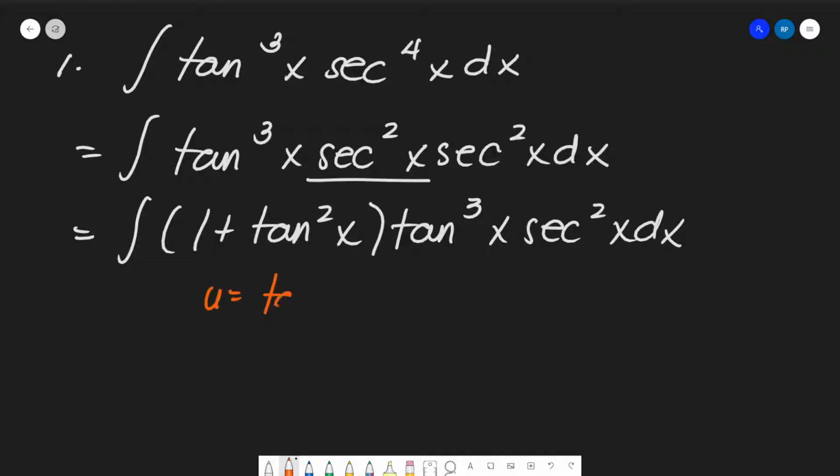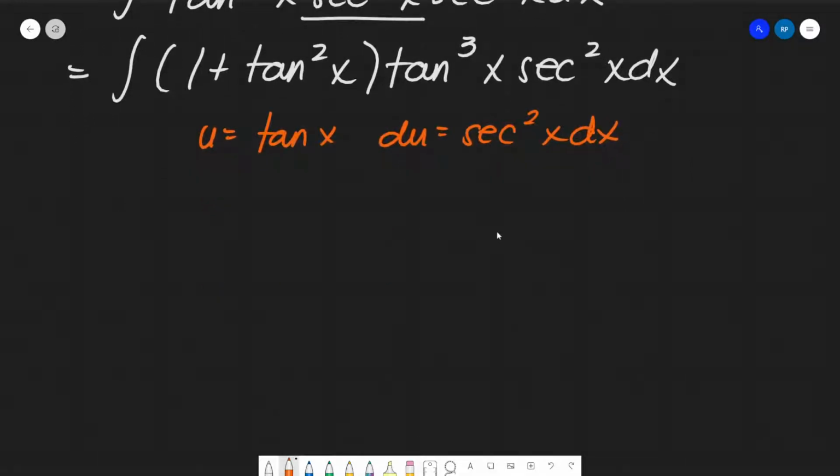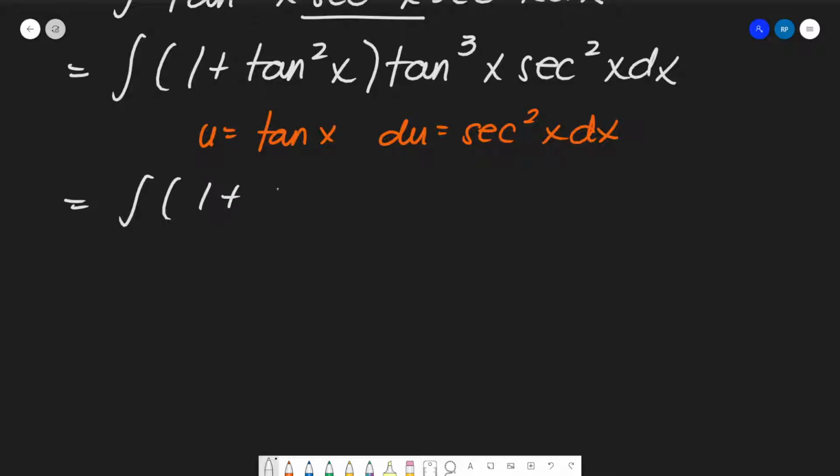Again, pwede na tayo mag-use substitution dito. u is equal to tangent x, du is equal to secant squared x dx. So, pwede na natin gawing u substitution to. We have the integral of 1 plus u squared, u cubed du.